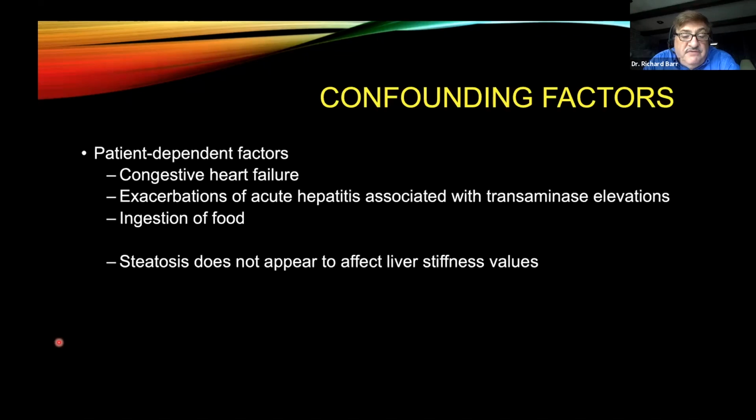Again, when we ingest food, we have increased blood flow to the gut, increased blood flow through the portal vein, and the liver becomes stiffer. And in general, we like to wait 4 hours after a patient eats to do these measurements, because then in the vast majority of patients, the liver stiffness goes back to normal.